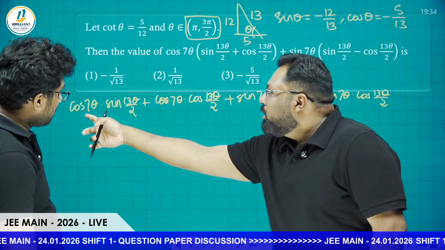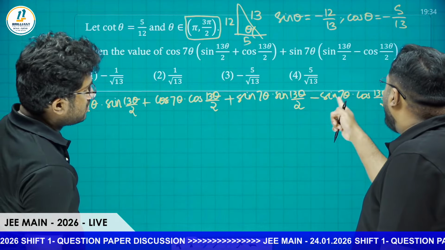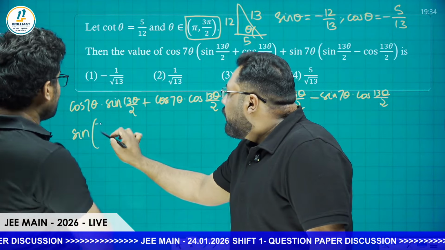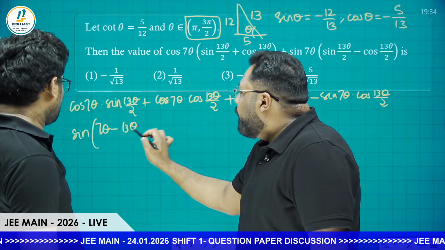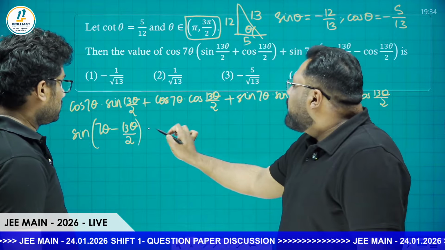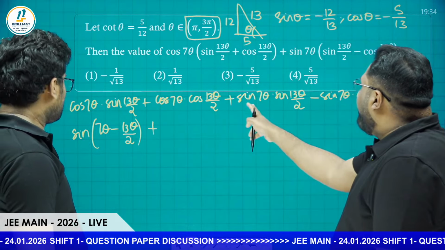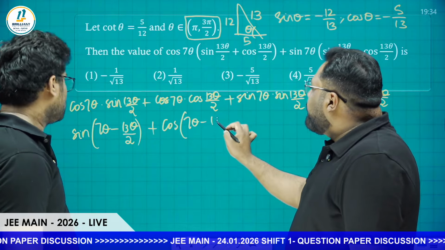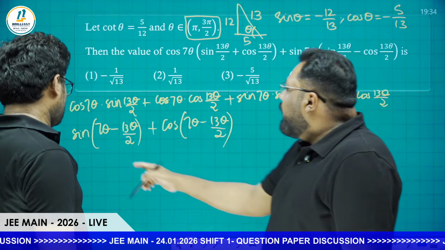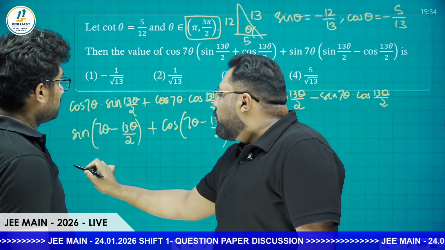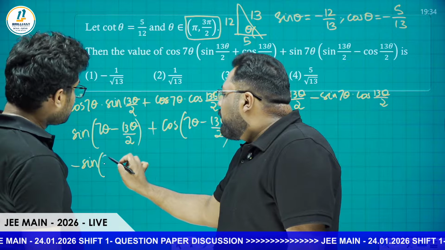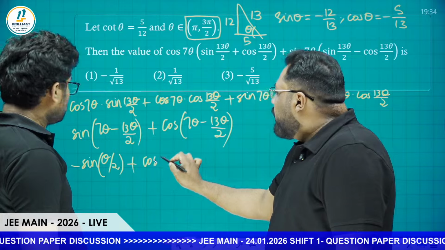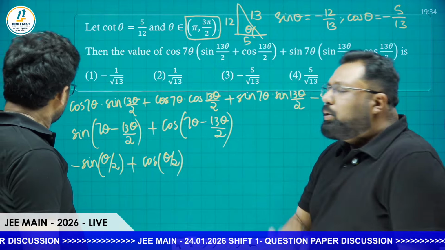Now you can see this is cos A sin B minus sin A cos B, which is going to be sin of A minus B if we take minus common. And this is cos A cos B plus sin A sin B, which is cos of A minus B. And this is sine of negative theta by 2, which is minus sine theta by 2. And this is again positive, so cos of theta by 2.